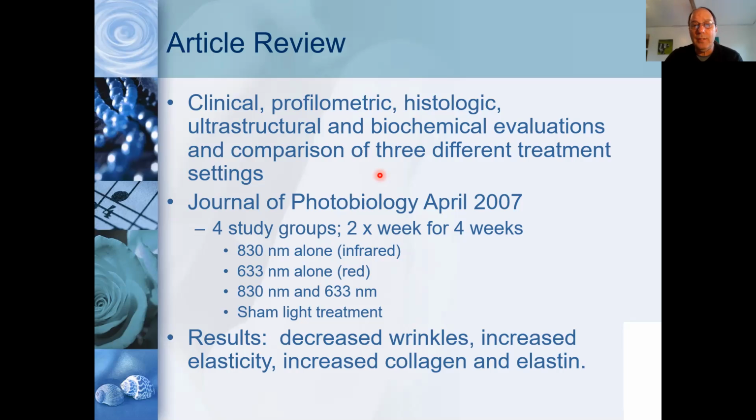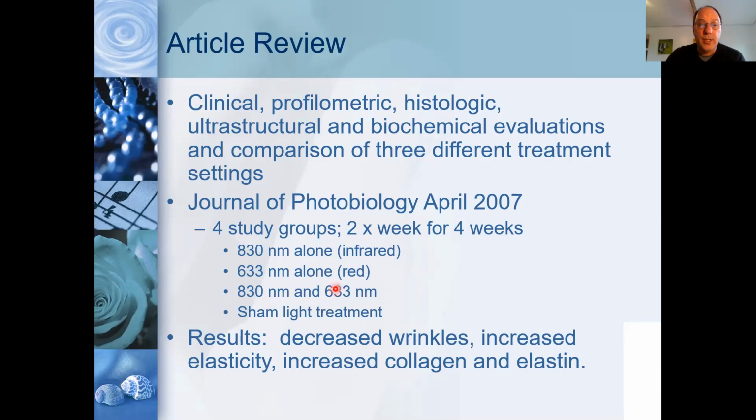So what these scientists did is they used different wavelengths of light. They used the wavelength that's above red, which is what we call infrared. And the infrared wavelength they used is 830 nanometers. They also used a red wavelength at a very, very specific color, which is 633 nanometers. Then they used both the red and infrared together, and they used it against a control.